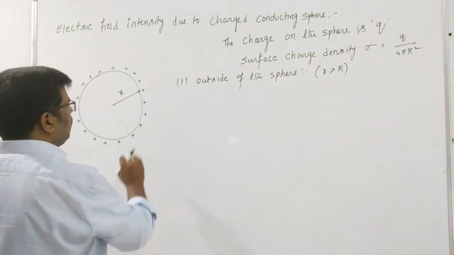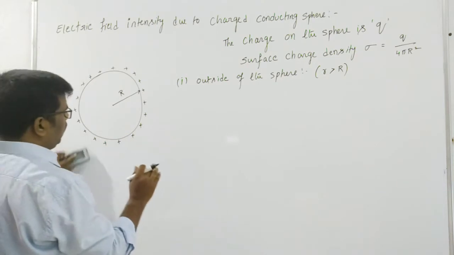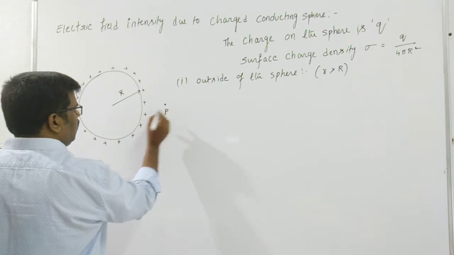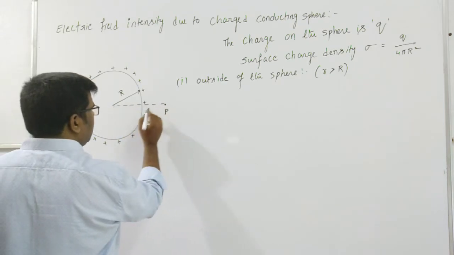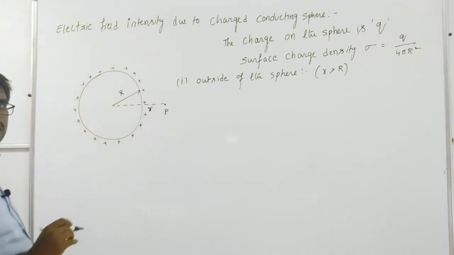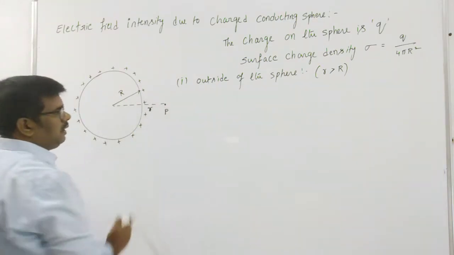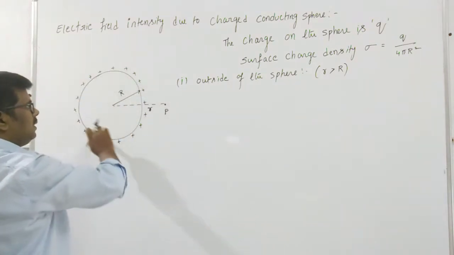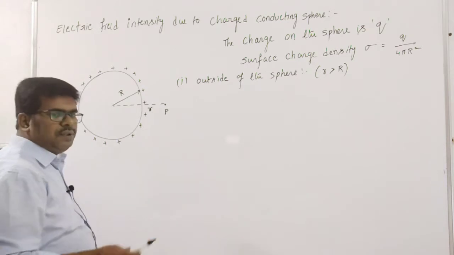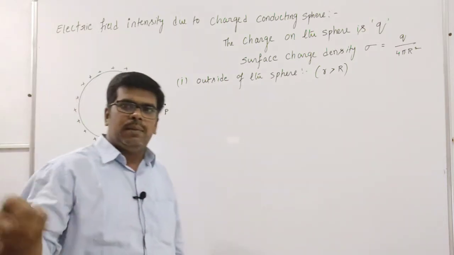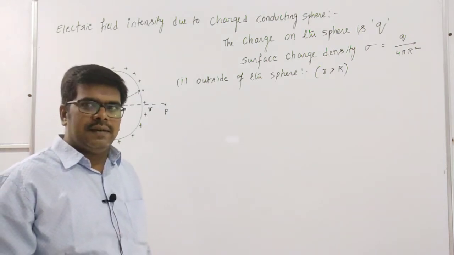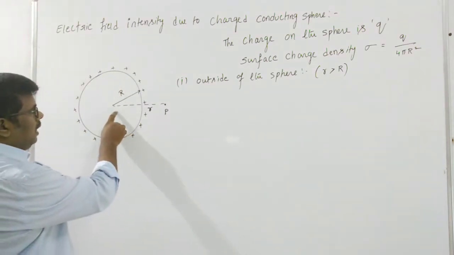You can observe, if you take a point, this one, this is the point P, which is at a distance r greater than the capital R. Here we need to determine the electric field intensity due to this conducting charged sphere. So how can we find it? The procedure we know, we need to construct one imaginary surface, called a Gaussian surface, whose radius is r.